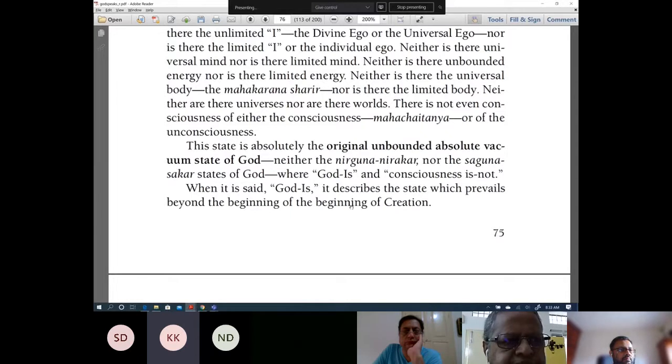God in the beyond state is absolute, unlimited, and infinite, the one without a second. So you'll be coming across that there are 10 states, but this is the most original state, which is equivalent to what I believe is the sound sleep state that we all go through. This is just my opinion.